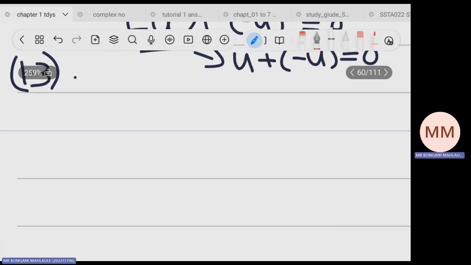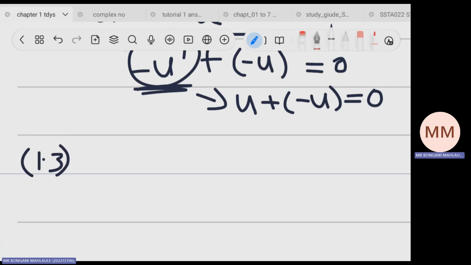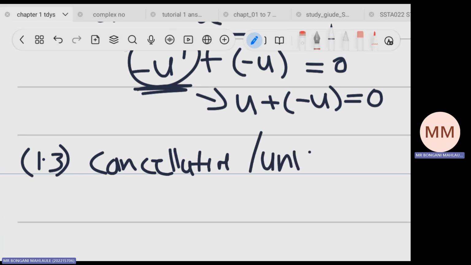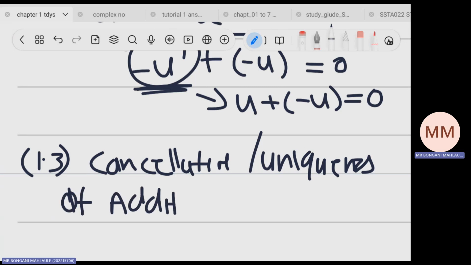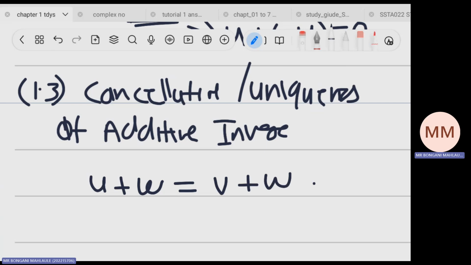So we can now move to the uniqueness, or the cancellation law. It's also called uniqueness of additive inverse. So when you add u plus w, it's equal to v plus w.